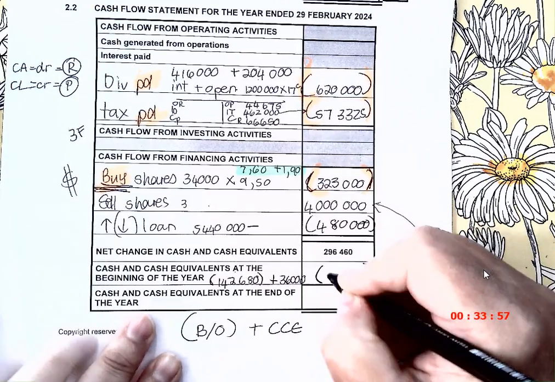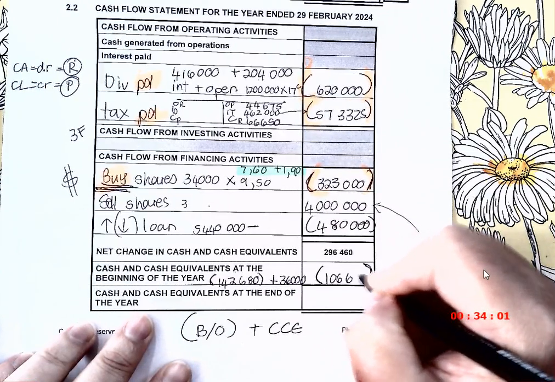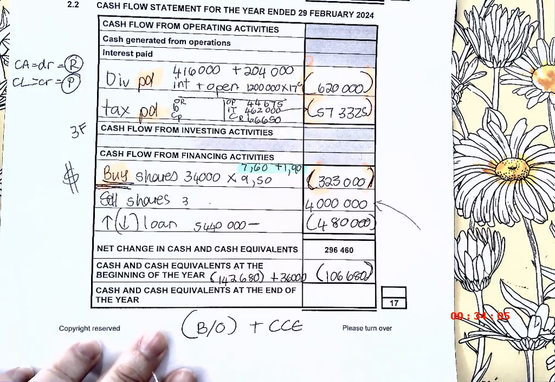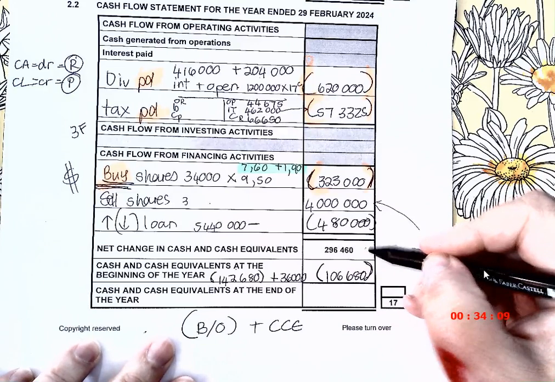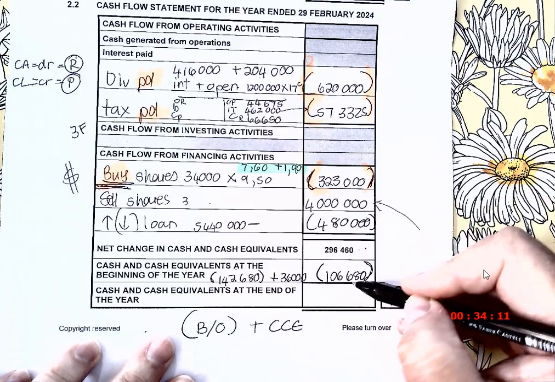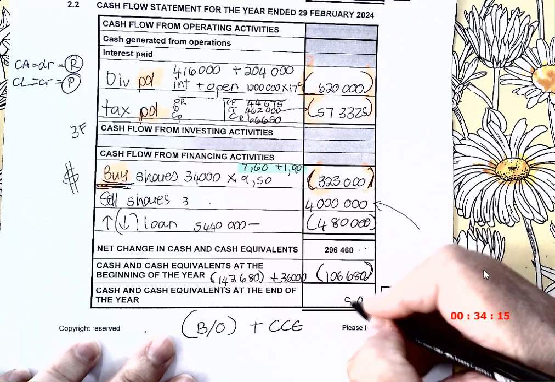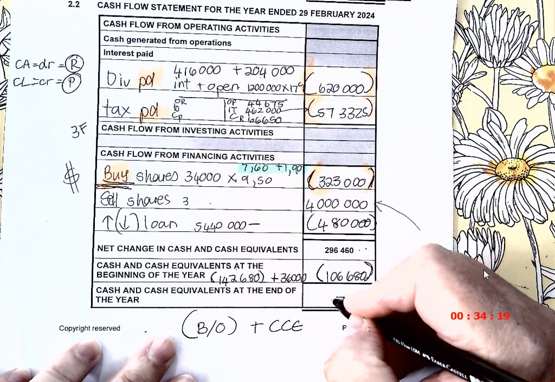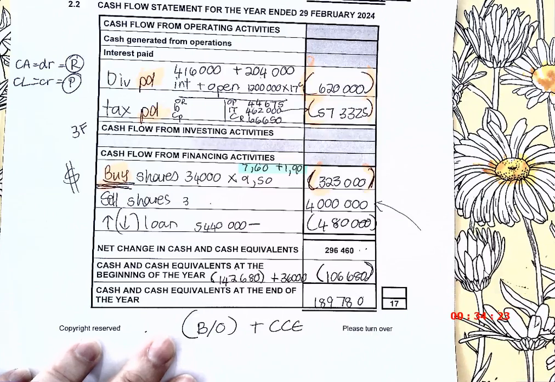And can you see I don't need to have the cash for new year because I've got the change already. So 296 minus 106 gives me 1897. Okay.